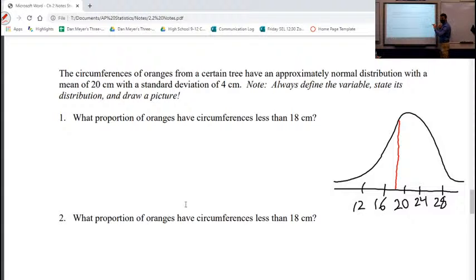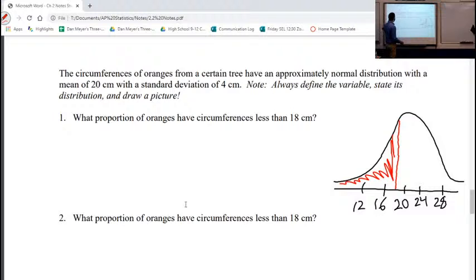To the left, since we want everything less than 18. We're going to shade everything to the left. So remember, this picture can help you get a visual of about how much area you might be looking at. So I know that this is less than half of the data. So our answer should be less than 0.5.